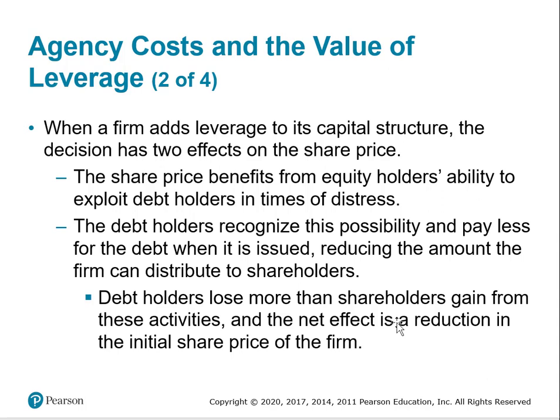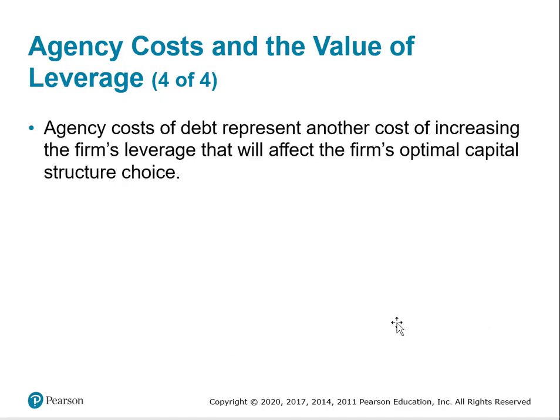So debt holders lose more than shareholders gain in these kinds of activities. And the net effect is a reduction in the initial share price of the firm. So again, in the end, it's always the shareholders that pay. The direct, immediate effect might be to the value of debt. But in the end, it also has an impact on the shareholder or the stock price.